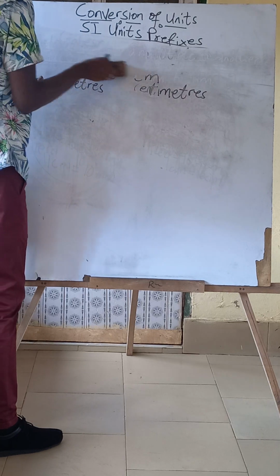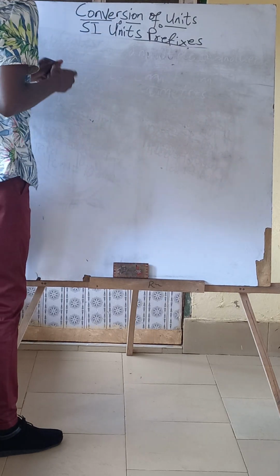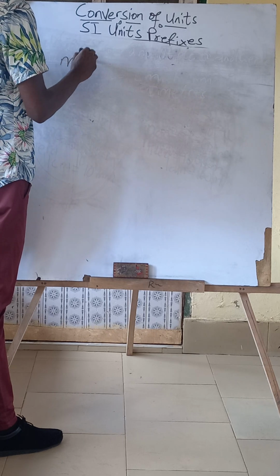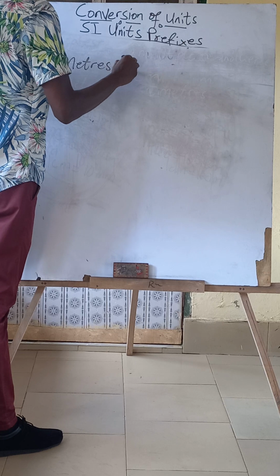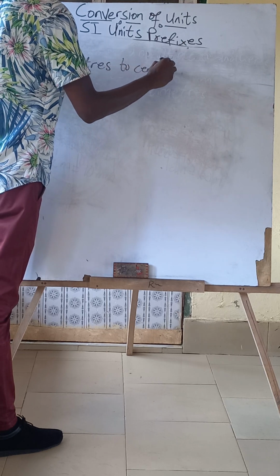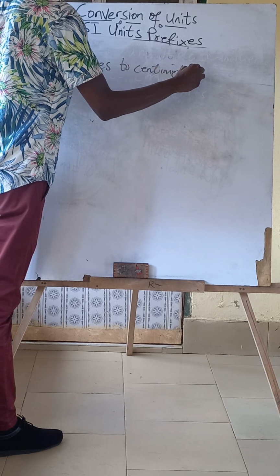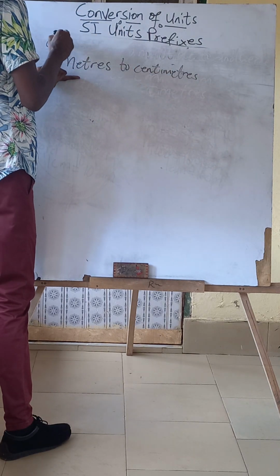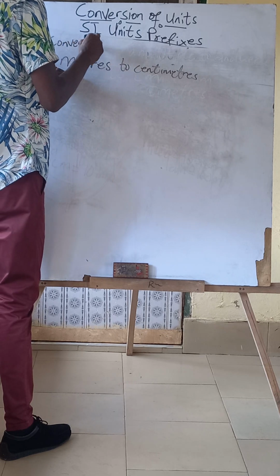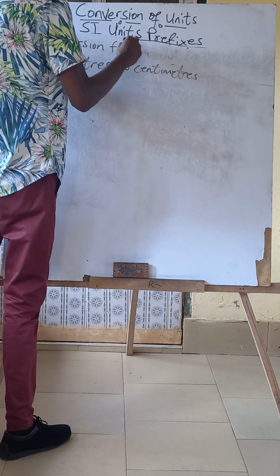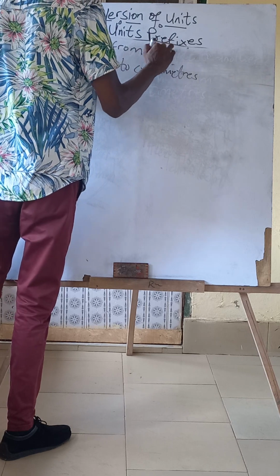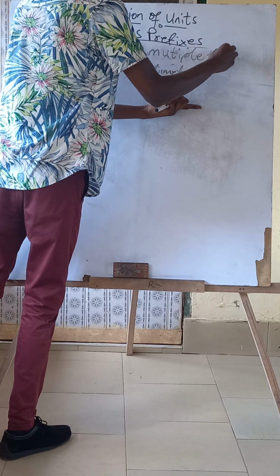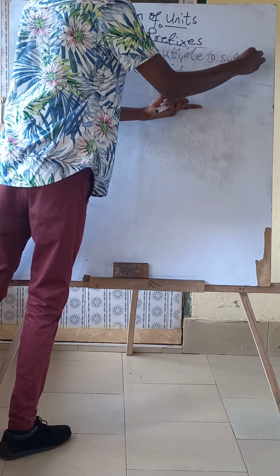So it will be like we are converting from meters to centimeters. I said, although the meters doesn't have a prefix, consider it as a multiple. So it's just like we are converting from a multiple to a submultiple, because centimeter is a submultiple.